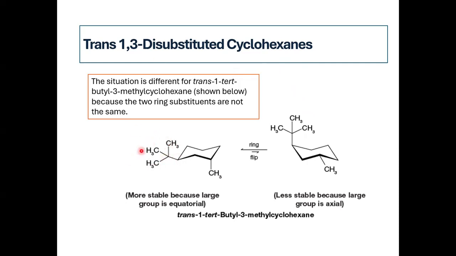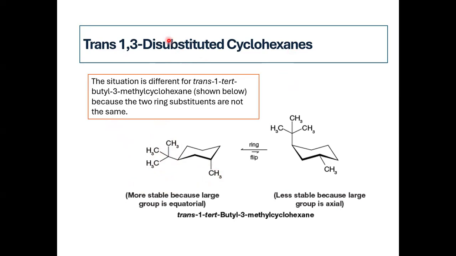Here you have your tert-butyl. Is your tert-butyl in the up position or is it in the down position? Okay, so the tert-butyl is up and the other one is down.